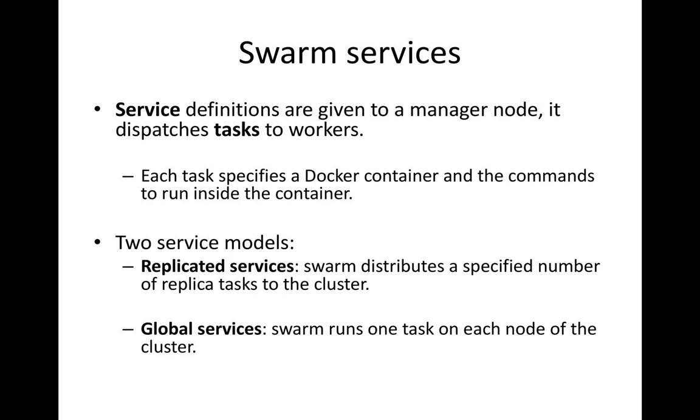Maybe you want to run 3 Nginx containers within the cluster. So you would set it up as a replicated service with a replica count of 3. And then the Swarm cluster would automatically launch 3 Nginx containers for you, and it would figure out optimally where to run those containers within the cluster.